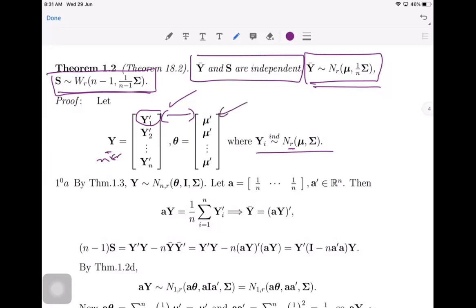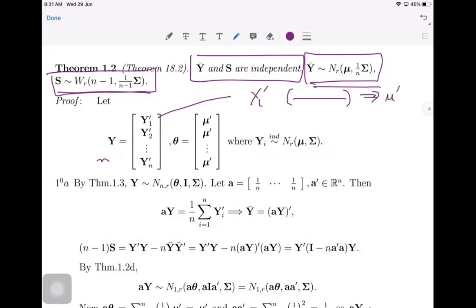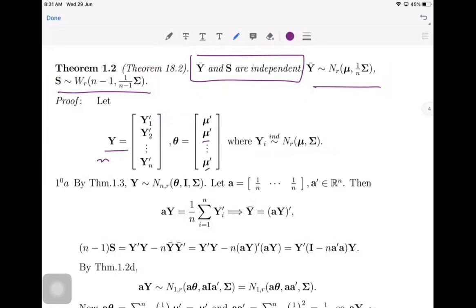And then you have a mean vector theta corresponding to the mu primes. So each of the y_i primes, laid out as rows, will have its corresponding mean mu. But actually, they have common means. Okay, so by the previous theorems that we had, if we have a y here, where each of the y_i's are normal, the y is also normally distributed.